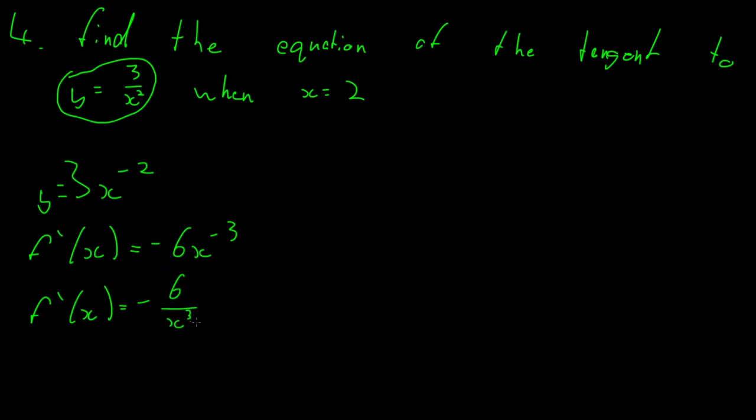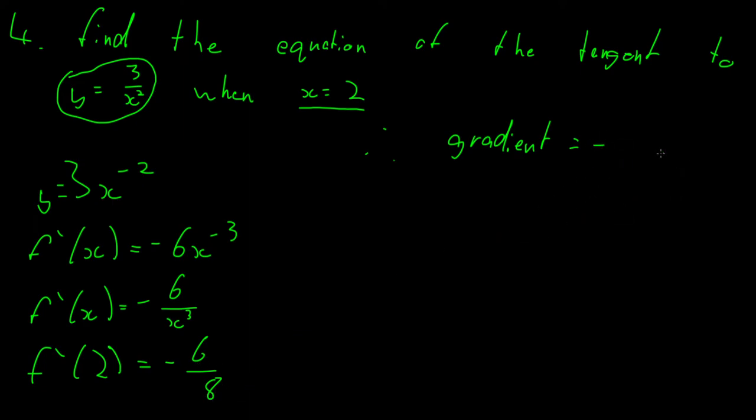Alright, so we've got the derivative now, and we will now find the gradient of the line at x equals 2. So we'll do the derivative evaluated at 2. That just means we substitute x for 2, and we'll get minus 6 on 2 cubed, which is 2 times 2 is 4 times 2 is 8, so minus 6 on 8, which simplifies down to minus 3 on 4.